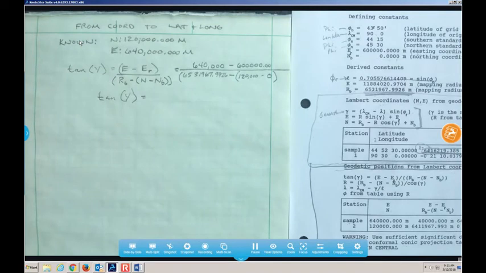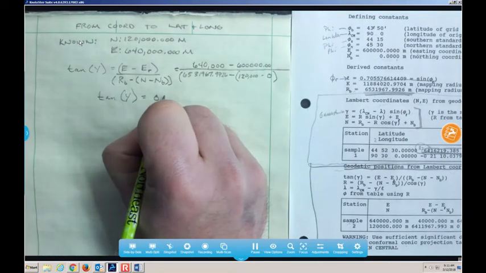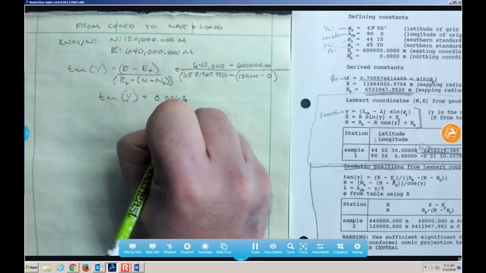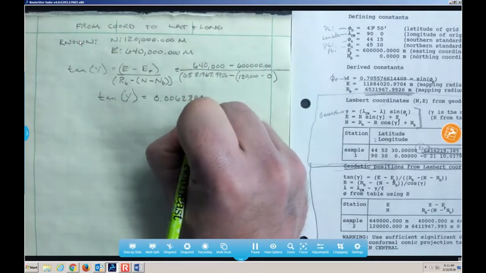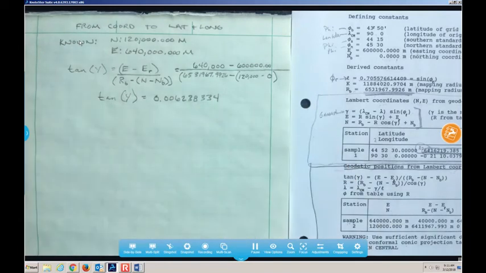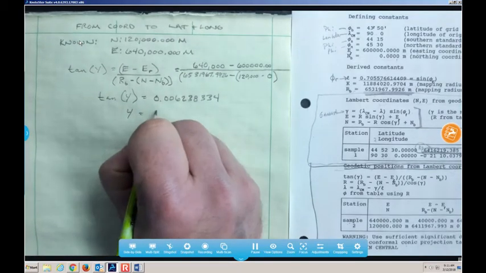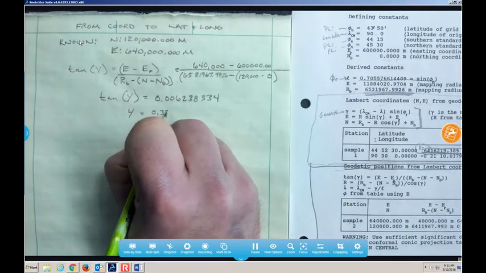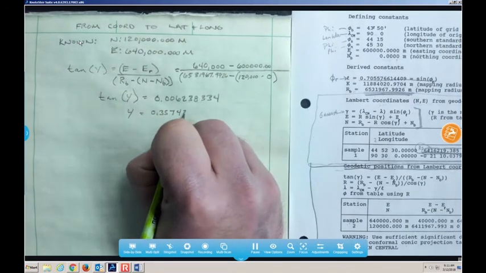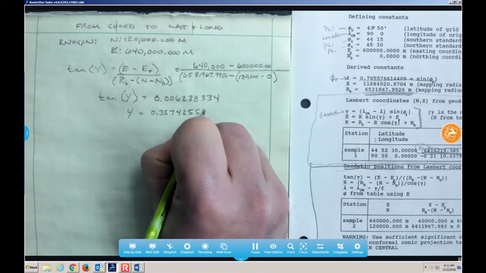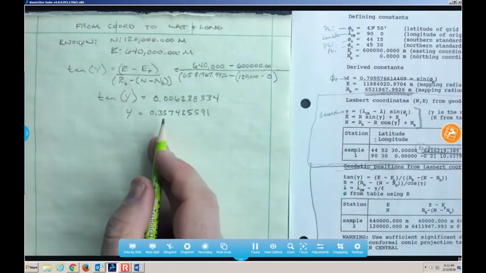Tangent of gamma. 0.0062383334. Okay. So what's the arctangent of that particular thing? 0.357425591. So that's decimal degrees right now.